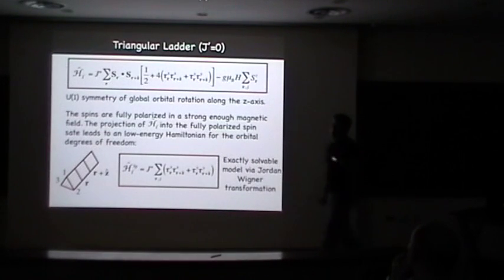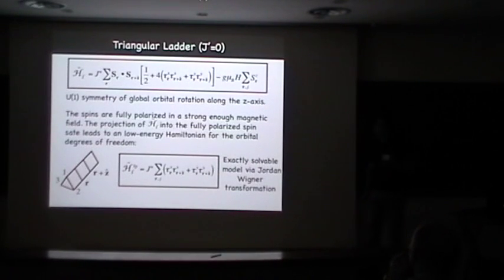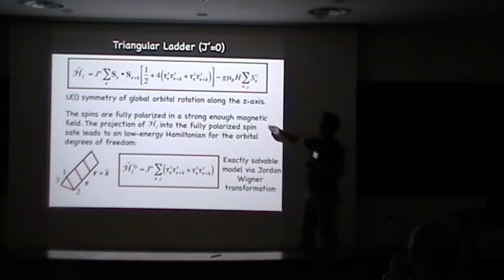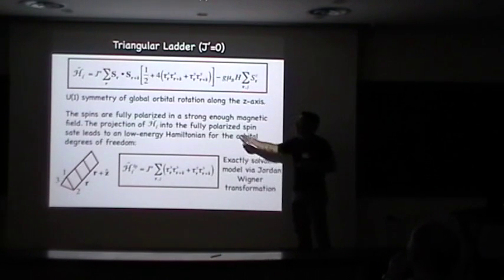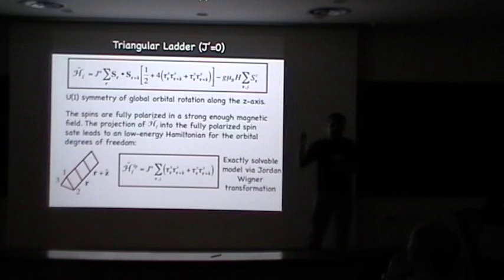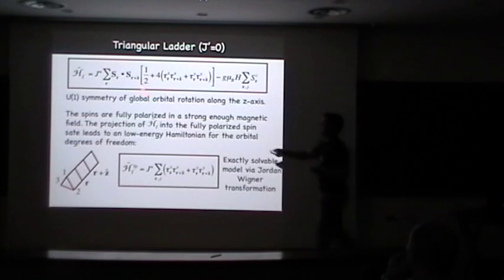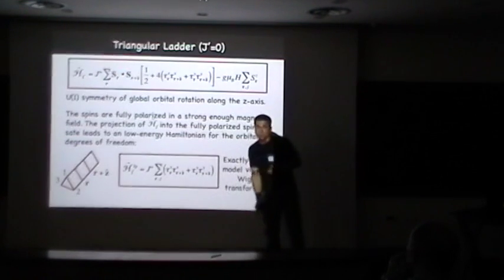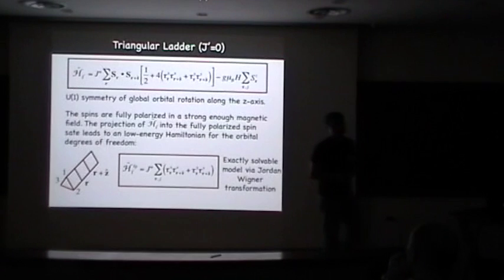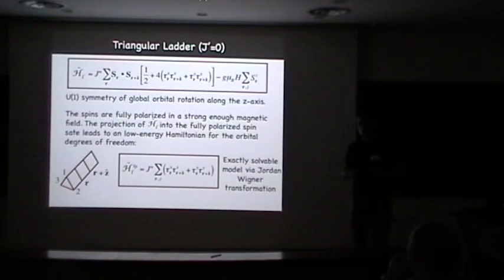And just to simplify the model even more and understand what the physics is, let's assume that the magnetic field is high enough to fully polarize these magnetic moments. Let's say that we are applying an external field that is very high, right? And we manage to fully polarize these spins. So in that case, we can replace this S.S operator by 1/4, because S.S is identically equal to 1/4 if we have a fully polarized state.